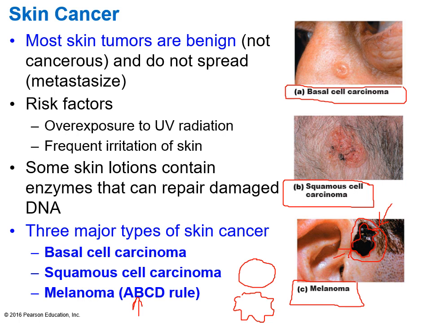And D is for diameter. We tend not to want to see anything that's larger than 6 millimeters. That's kind of like the head of the eraser that sits on top of a pencil. You don't want to have any mole or growth that's a little bit larger than that. So the ABCD rules are usually what's followed, and if they see that there's any irregularities, then the patient will obviously be recommended for removal.